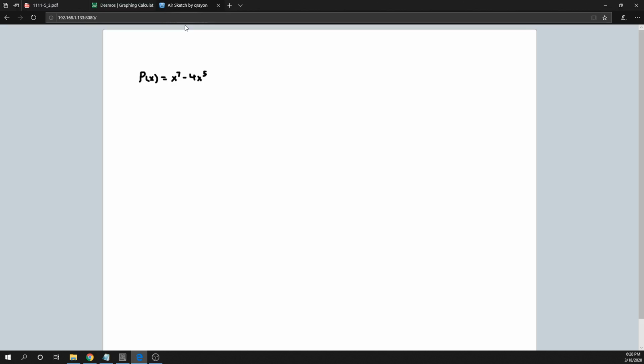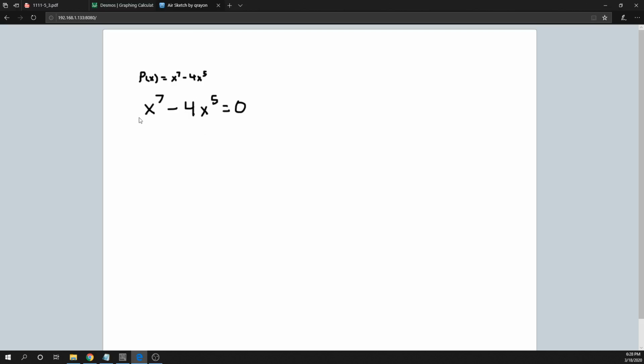That is too small to see, so let me make that bigger. What we would do to find the zeros of this polynomial is set it equal to 0 and solve that out.